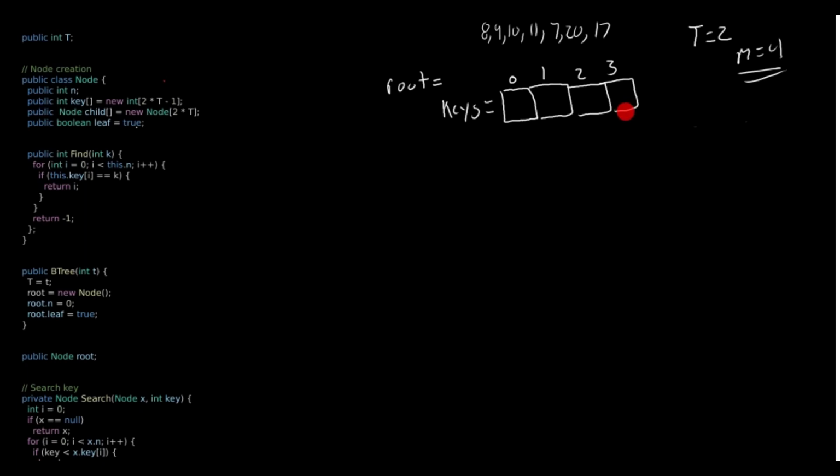Why we do T times 2 is so we could have extra space. We're going to need this extra space right over here later, and you'll see. We need extra space in the array. Alright.